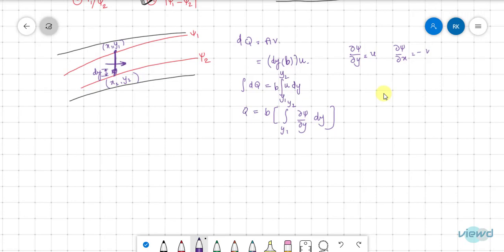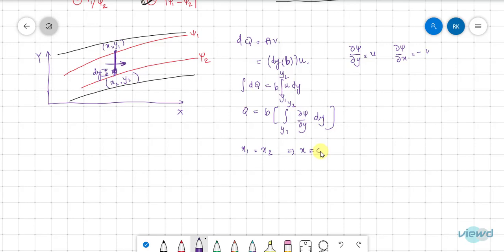But also, this is the x-axis and this is the y-axis. Here x1 is equal to x2. Since I have taken this as a vertical line, x1 is equal to x2, that means x is equal to constant.